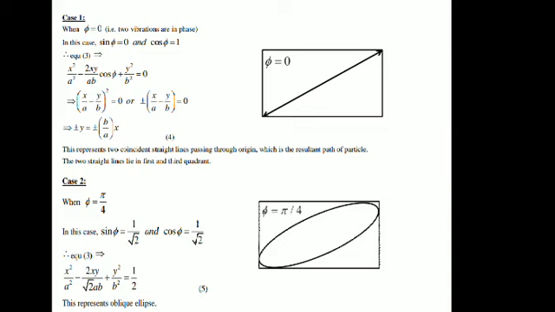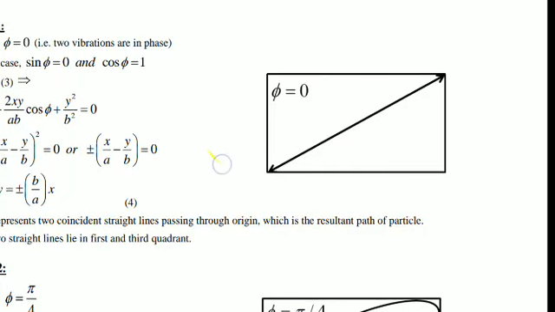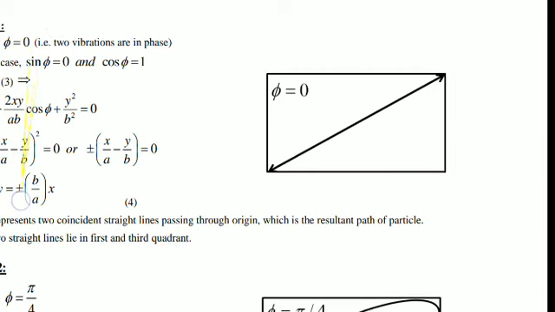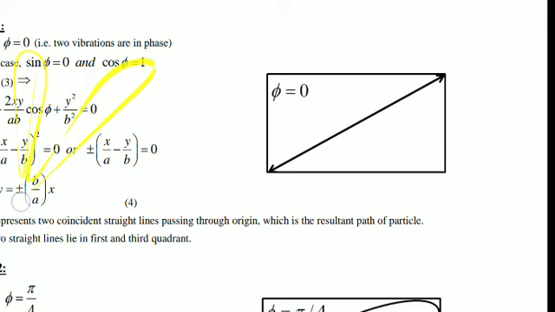Remember the earlier equation number 3. Now when phi is equal to 0, obviously the two waves are in phase with each other. When phi is 0, sin phi is equal to 0 and cos phi is equal to 1, because sin 0 is 0 and cos 0 is 1.